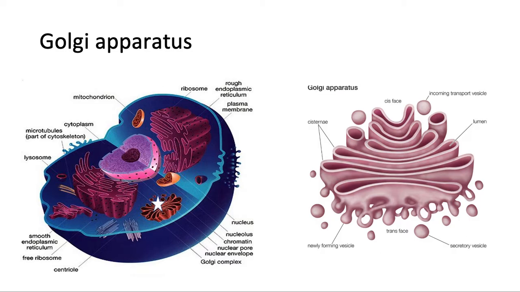Dysfunction of the Golgi apparatus leads to the development of Wilson's disease. Wilson's disease is an autosomal recessive disorder characterized by an abnormal accumulation of copper in the body. The liver is particularly susceptible to this accumulation.